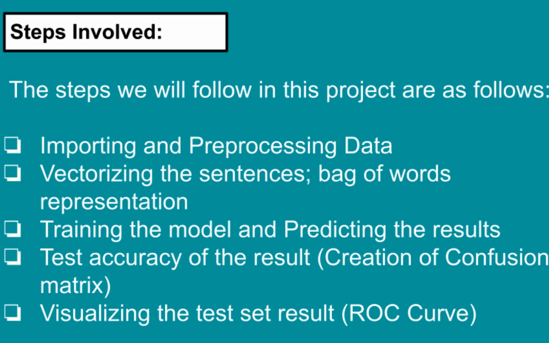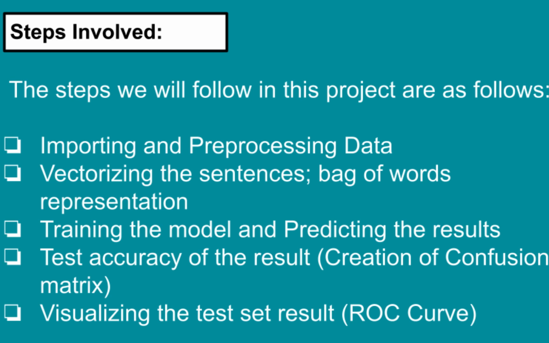Second, we will vectorize the sentences, basically the bag of words representation. We will put all the vocabulary that is in the sentence in the bag, and then just get the count. I'll explain that when we go through it.